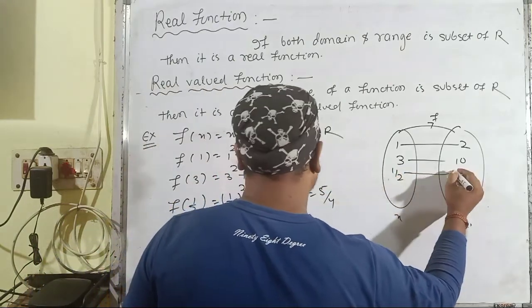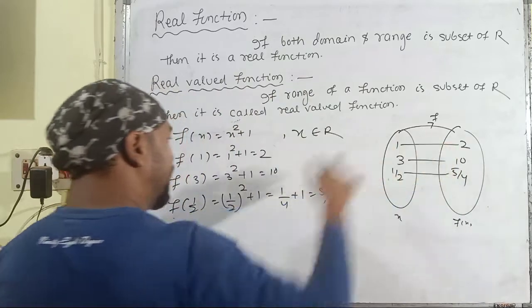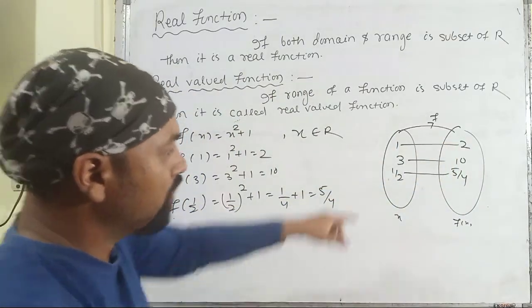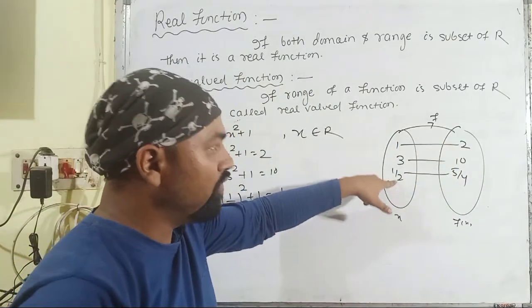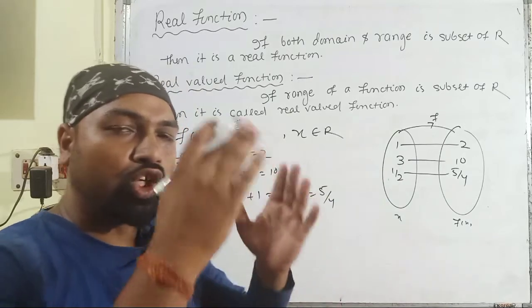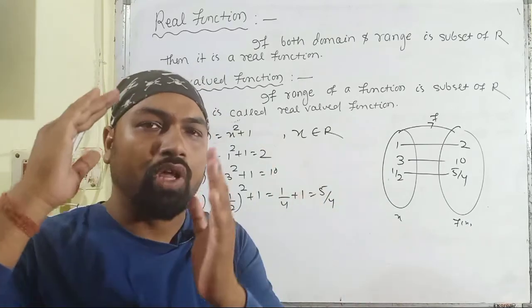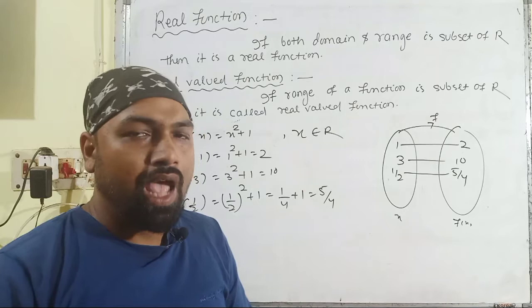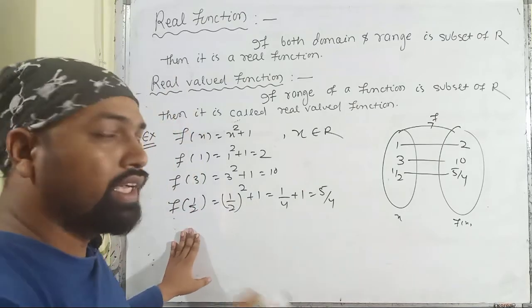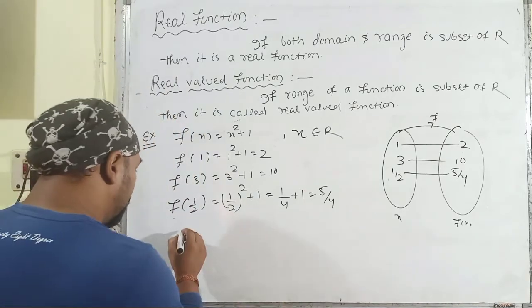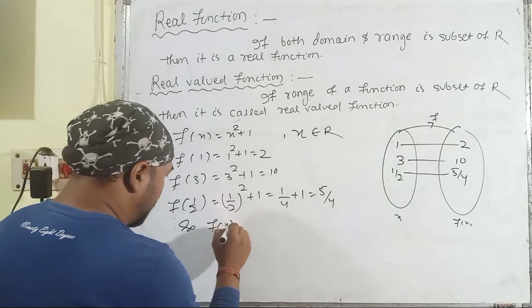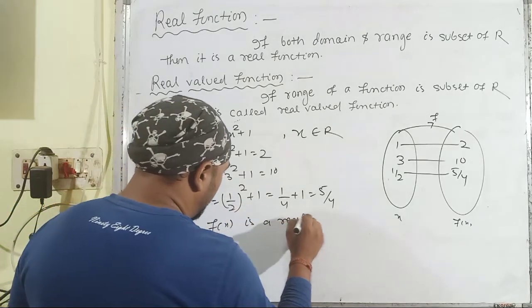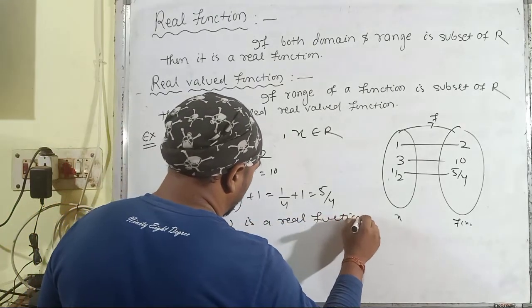So we are obtaining a real number in the range part whenever we are putting a real number from the domain part. That means the domain is a subset of R, as well as the range is a subset of R. Hence this function is a real function. So f of x is a real function.